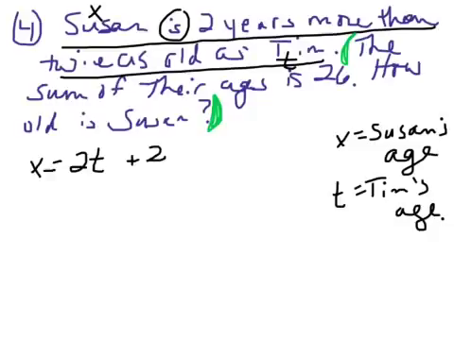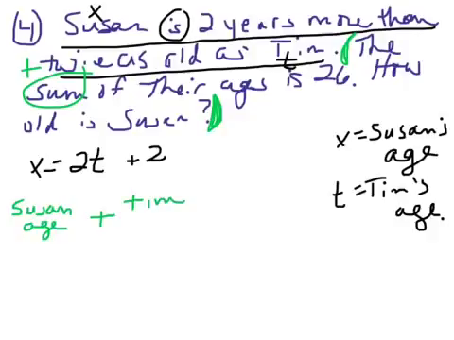Adding two things together. So what it's saying is Susan's age plus Tim's age is equal to 26. Now, if I have two different variables, I can't solve this right now. You'll learn that you can solve it in Algebra 1, but it's beyond what we're doing right now.